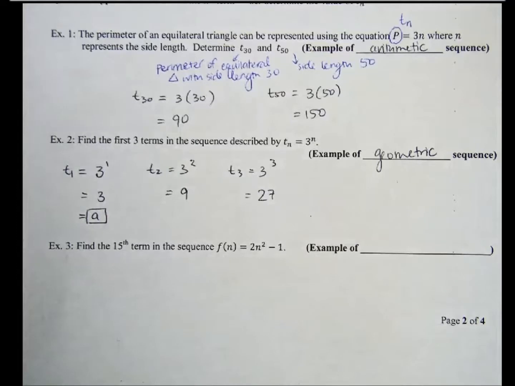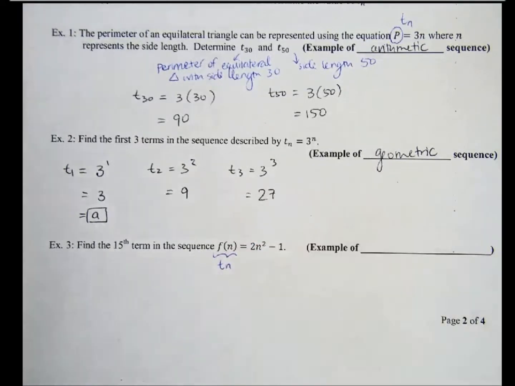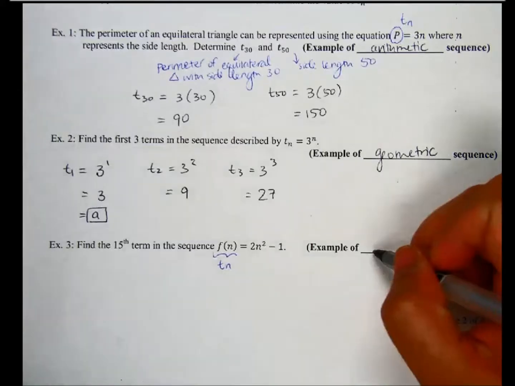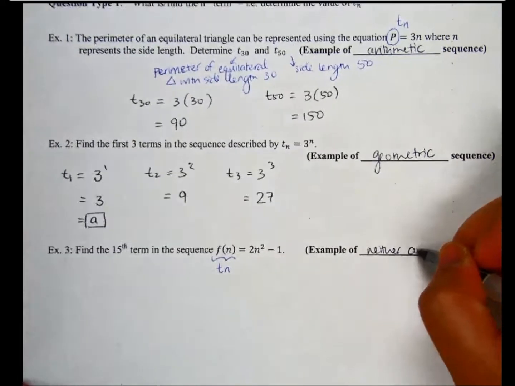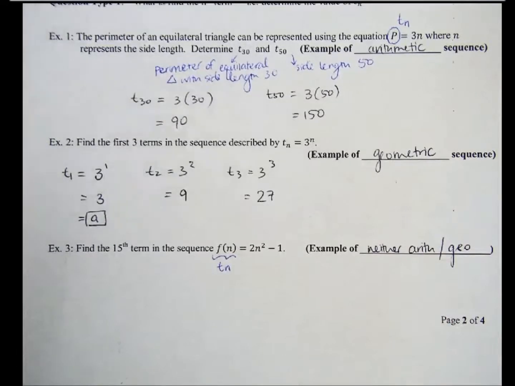Now this last example, find the 15th term in the sequence f of n equals 2n squared minus 1. f of n is just function notation, same thing as writing t subscript n. If you notice, this time there's an exponent of 2 on the variable base. This is a quadratic relation. A quadratic relation is not arithmetic nor geometric, and sometimes we can have sequences like that.